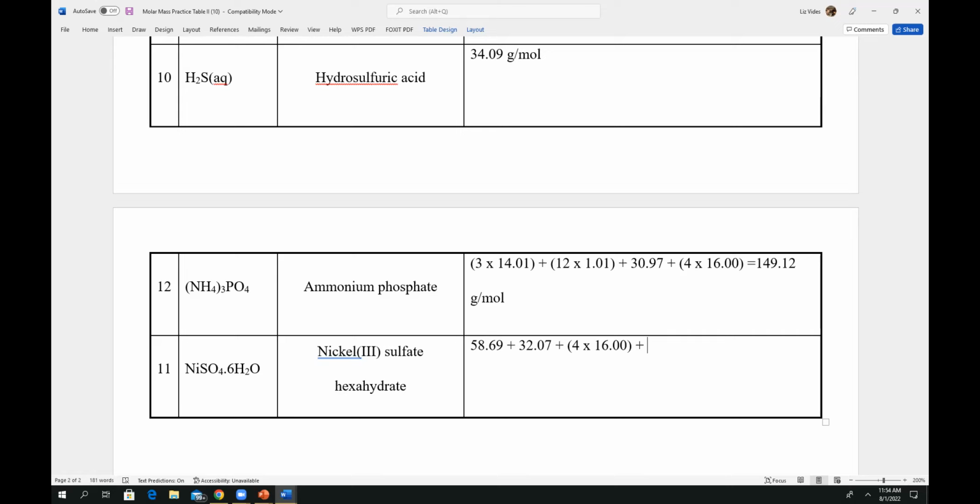So water is 1.01 times 2, so that's 2.02 plus 16 is 18.02. So we're going to say 6 times, I forgot the parentheses, 18.02. That's how many waters.